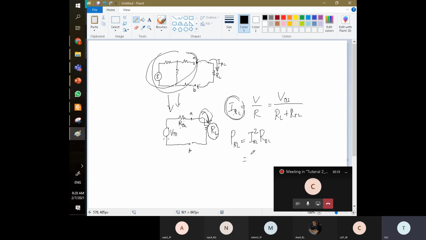Another equation you can use is V squared over R. But the V here is not this voltage. It's the voltage across this RL, the VRL. Another one is I times VRL, or I squared times RL.